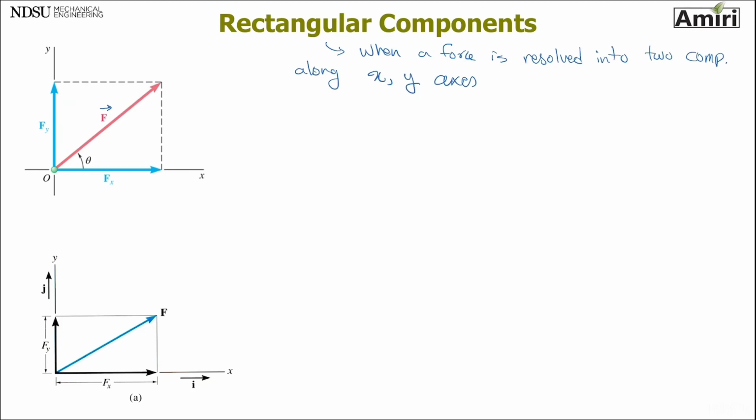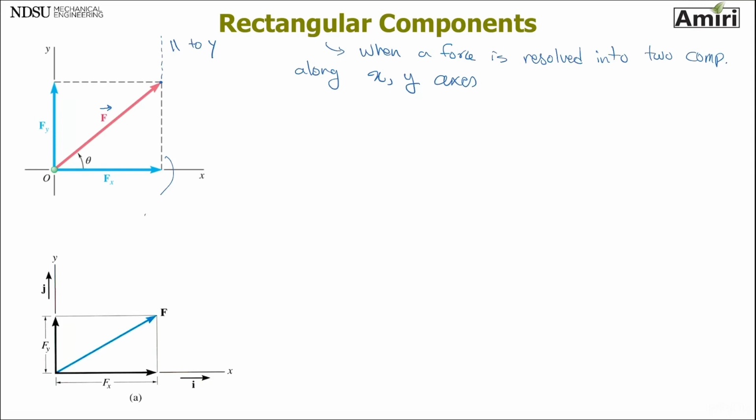A very, very important point that I want to mention. From the head of F, we have gone parallel to Y. This is very important. We have not drawn this perpendicular to X. I want you to pay attention. It is perpendicular to X, but that's not how we draw it.